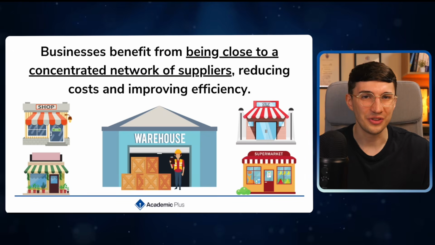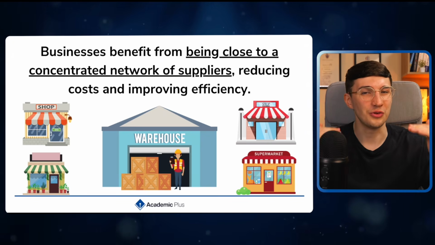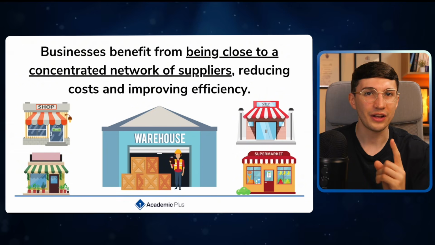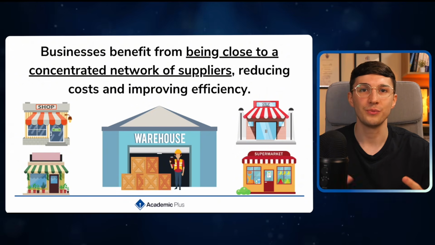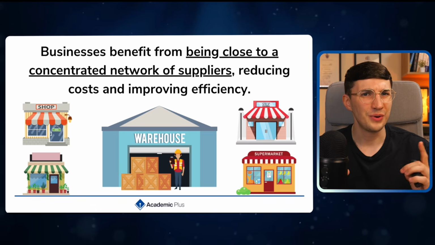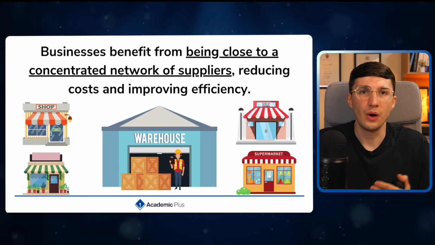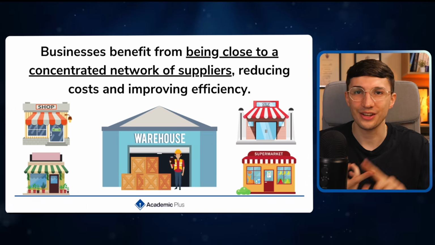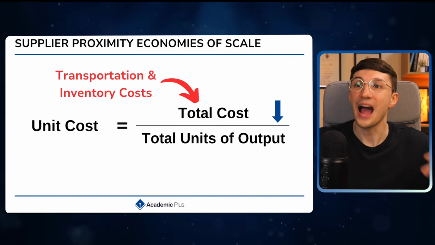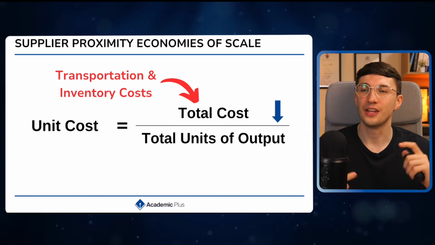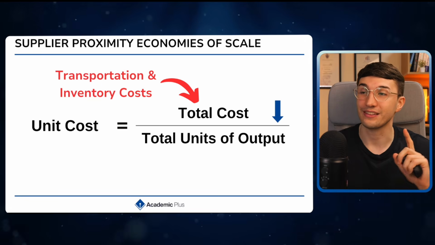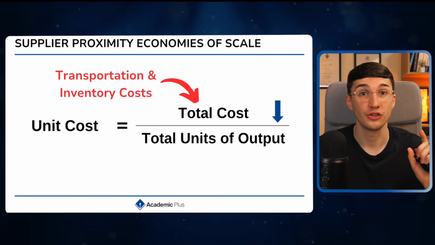And if they are closer to you, well, that should start to reduce your lead time. And we know that's going to be important for businesses operating a just-in-time approach. And if we are operating that just-in-time approach, well, we can start to reduce our warehouse and our storage costs. Now, once again, how this reduces unit costs is because total costs should be going down as our transportation and inventory costs start to reduce.